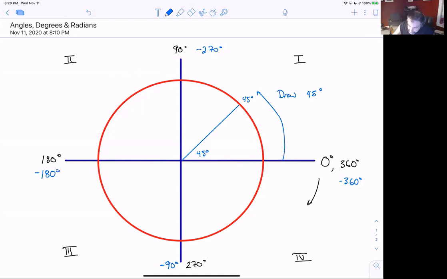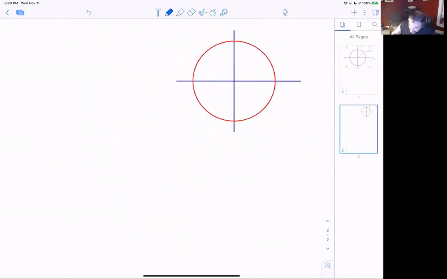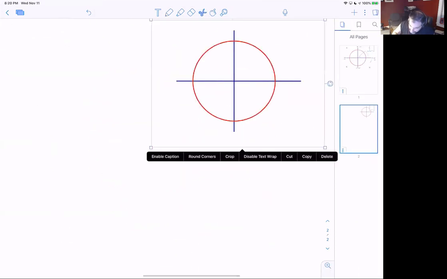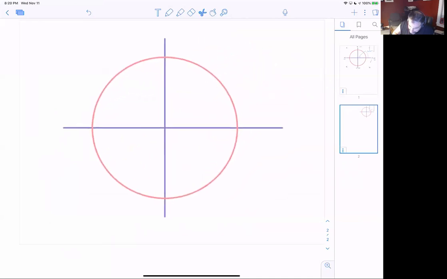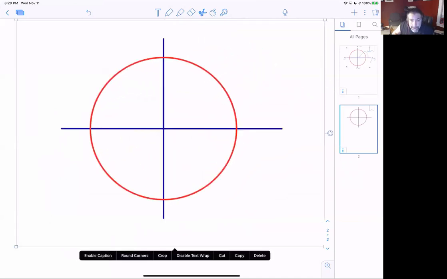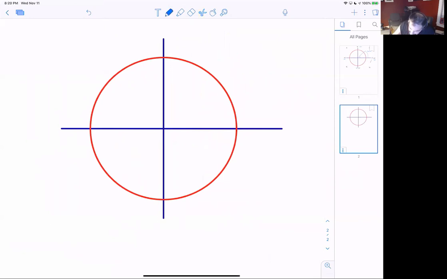If I asked you to draw an angle of, let's say, let's get a fresh graph here, and this time, if I asked you to do an angle of 120 degrees, what would we be talking about in this situation is we would want to start at 0 degrees.